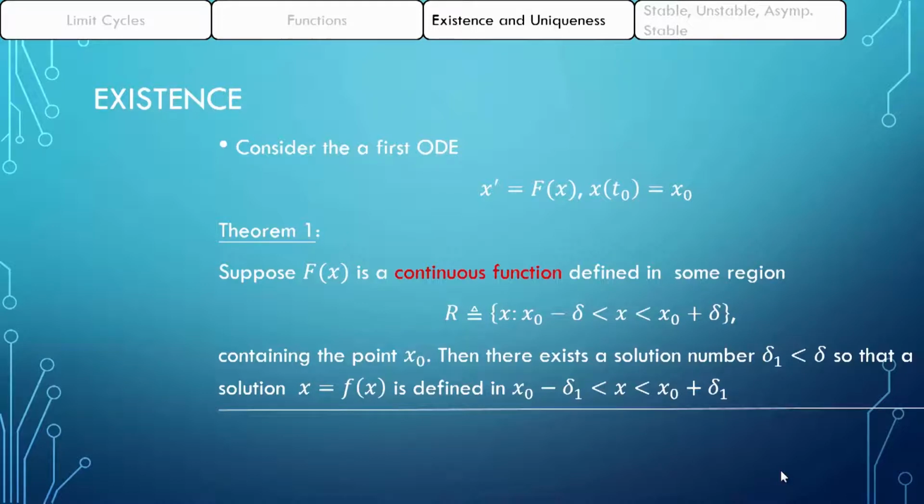Here f is a function, could be linear or nonlinear. If it's a linear function and given an initial condition, I can solve for x, right? But if you are not lucky and it's a nonlinear function, there is no way you can solve for the solution given these initial conditions. So what can you do?